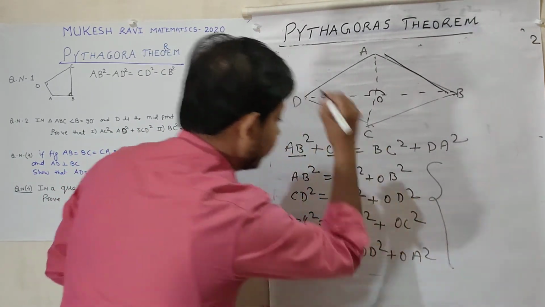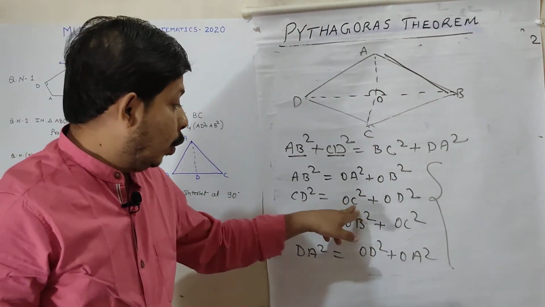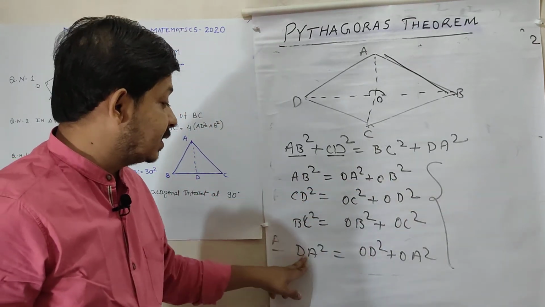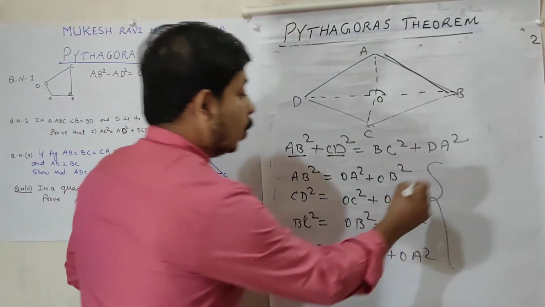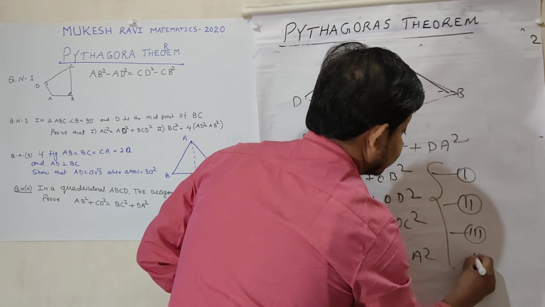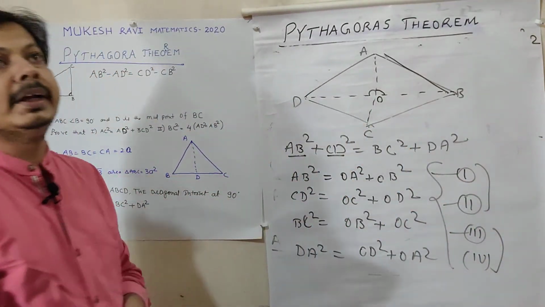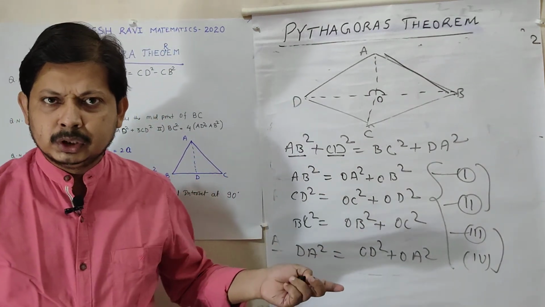Now, if you see, AB plus CD gives OA, OB, OC, OD, and BC plus DA gives OB, OC, OD, OA. All are equal. It means equation 1 plus 2 and equation 3 plus 4, both are equal. That is proved.